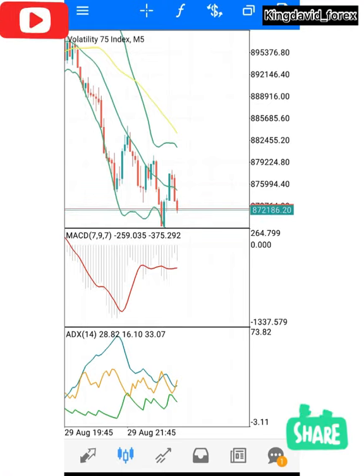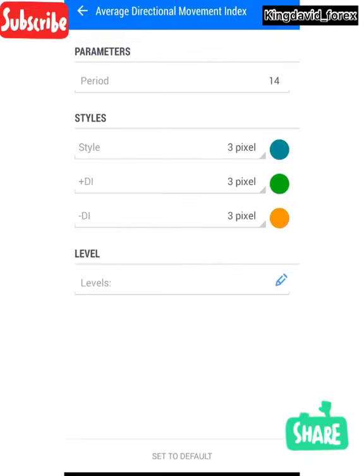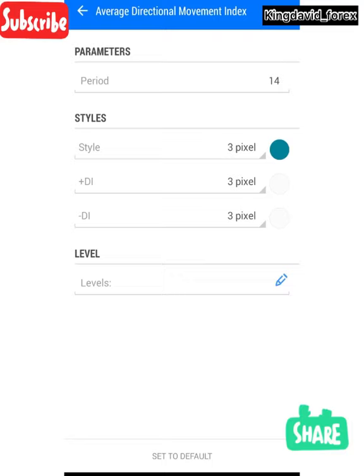But in this indicator, we don't need this plus DI and minus DI. So what I do is click on the color, this pixel, and click on none. Same here, none. But for those using iPhone, I tried to pick the same color to eradicate that line.